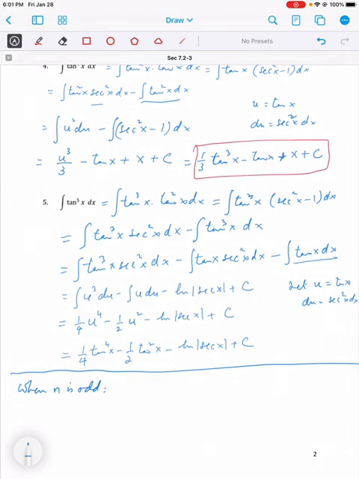And when you have even powers of tangent, or when we have even, so I will write it like this.